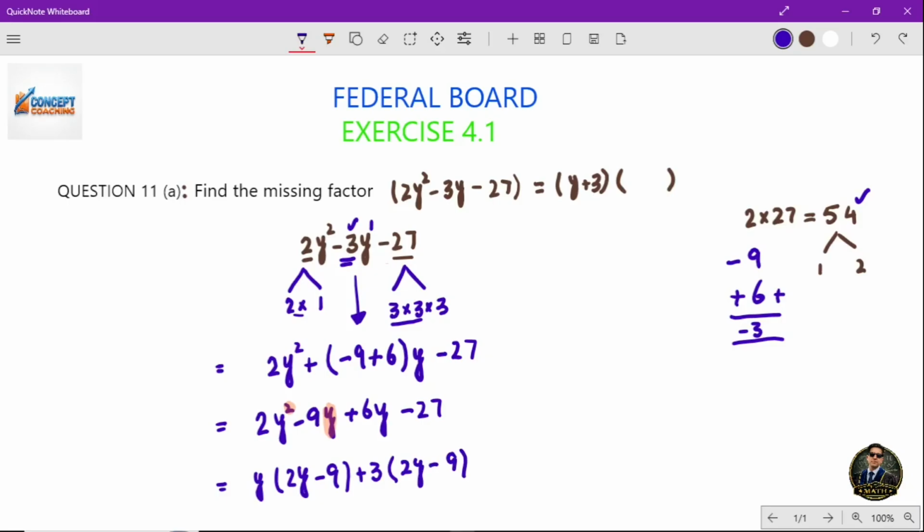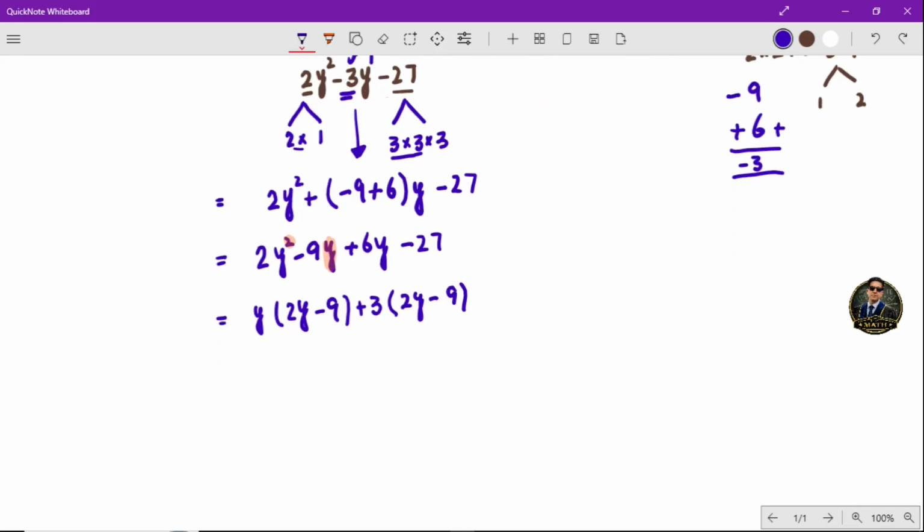One thing which is very important while doing midterm breaking is that you just focus on the bracket values. The bracket value here and here must be the same.